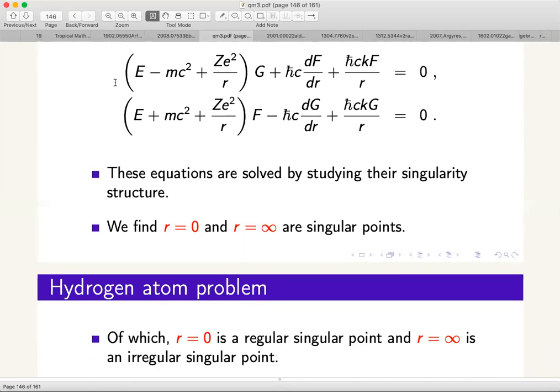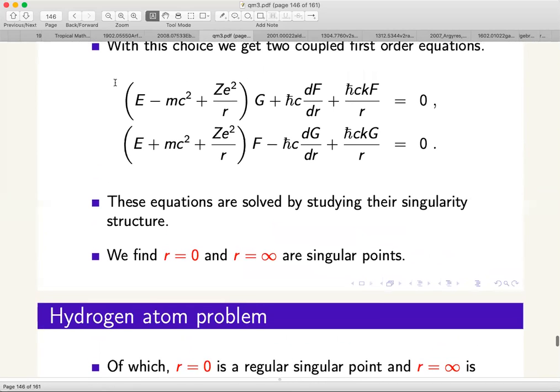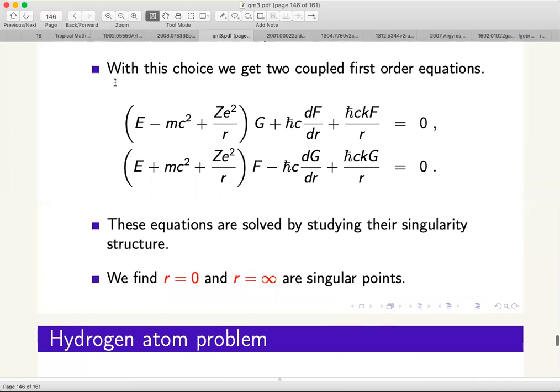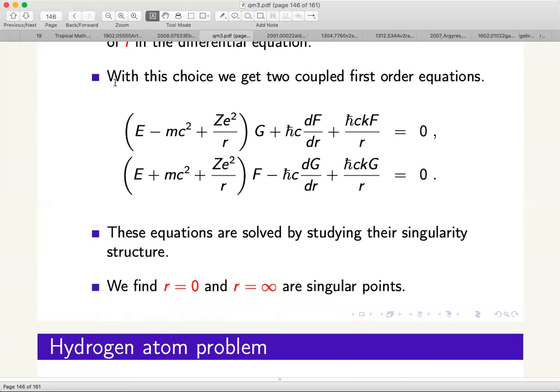Is it fine? Yeah. Okay. So we are checking this singularity for both these two equations simultaneously. Well, you can do it simultaneously. It's a coupled equation. So you can do this study simultaneously, or you can convert this into an equation for f only, and then study the singularity structure of that.